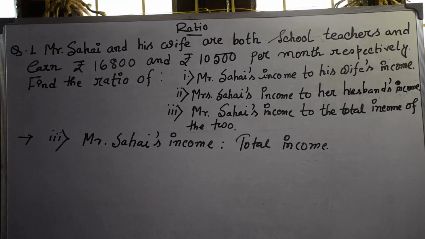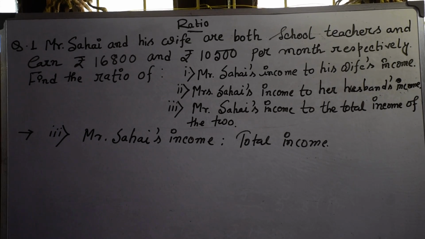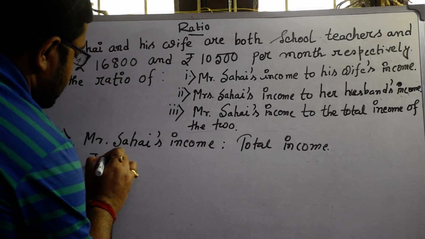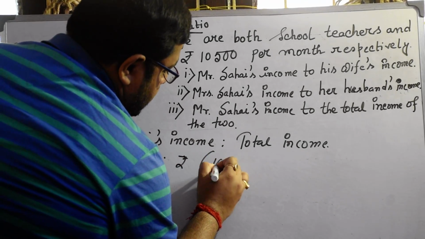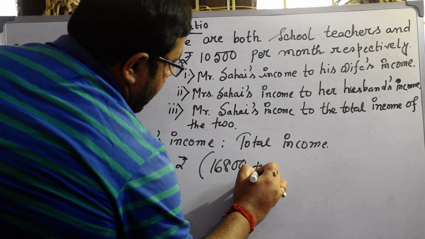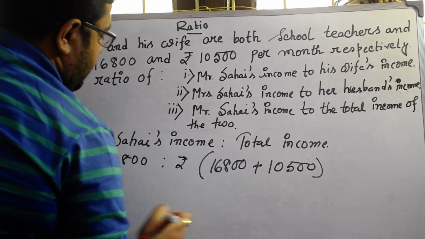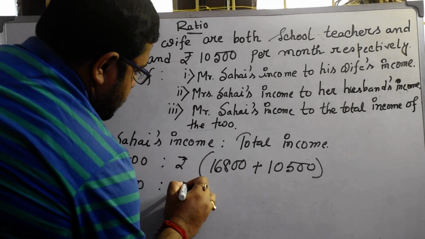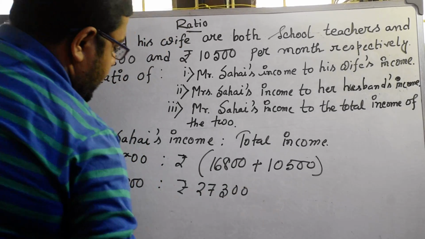Total income means the addition of Mr. Sahai's income plus Mrs. Sahai's income. So Mr. Sahai's income is rupees 16,800 is to rupees 16,800 plus rupees 10,500. So rupees 16,800 is to rupees 27,300.